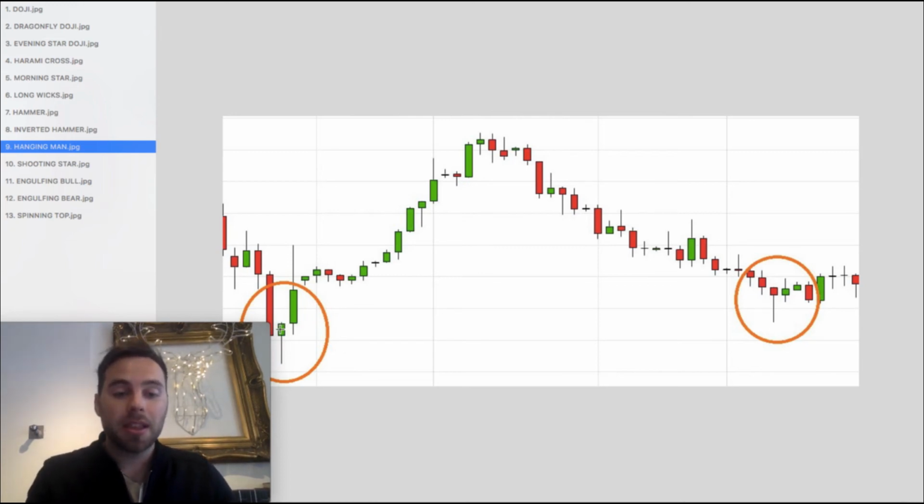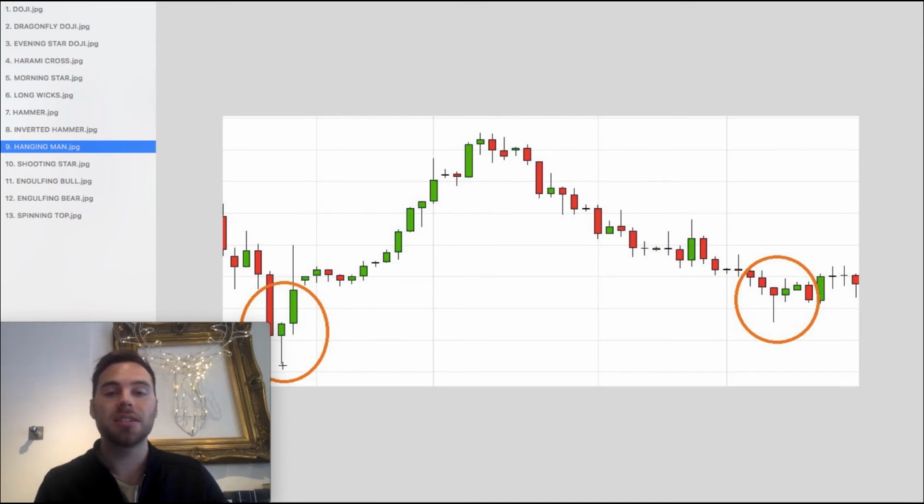It shows here the body of a candle. It's opening on the level here of the previous candle. It's gone lower to almost show that the bearish trend is continuing. However, much the same as we spoke about before, the bulls have turned up, they've defended their price action, they've even pushed the candle into a green body, and therefore this shows a trend reversal and a continuation to the upside.